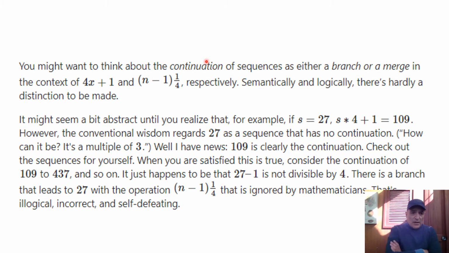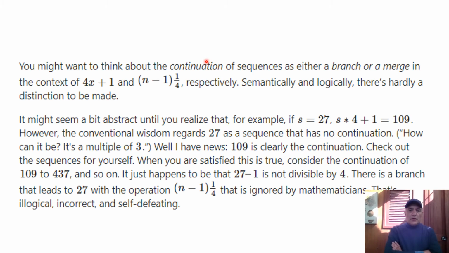So it might seem a bit abstract, what I've just said about continuation of sequences, until you realize that, for example, if S equals 27, S times 4 plus 1 equals 109. However, the conventional wisdom of mathematicians regards 27 as a sequence that has no continuation. And that's because it's a multiple of 3.